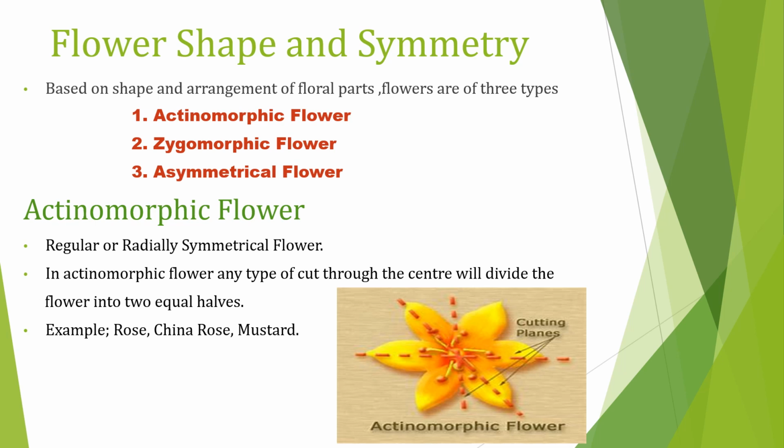Now in this actinomorphic flower, when we cut it through the center, we see that the flower is divided into two equal parts. From anywhere if you cut the flower, it is divided into two equal halves. You can see it in China rose and the mustard flower.